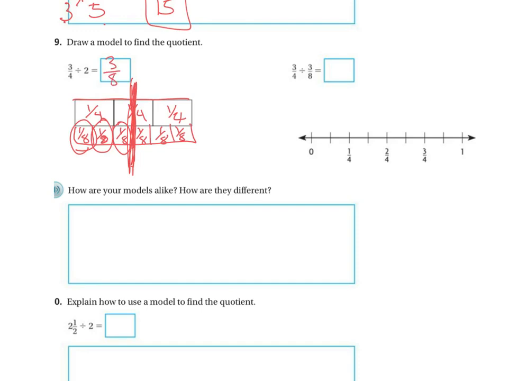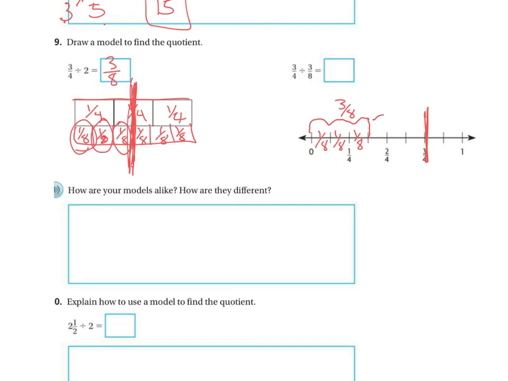If you're using the number line model, we have 3/4 divided by 3/8. So here's my 3/4 mark, and I'm dividing it by 3/8. So we've got 1, 2, so 3/8. So there's 3/8. That's 1/8, 1/8, 1/8, right?